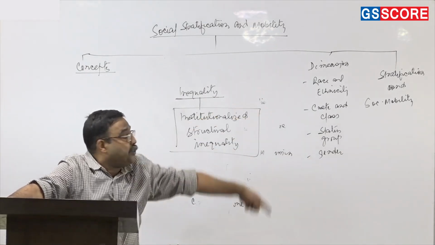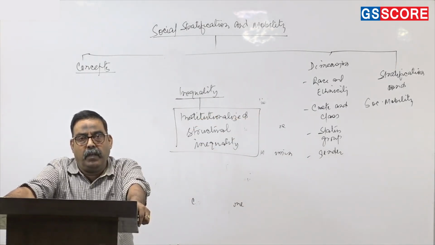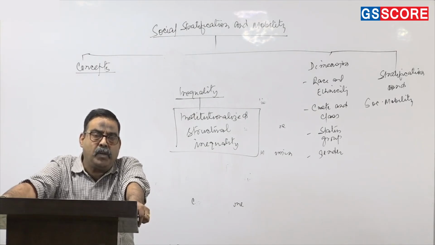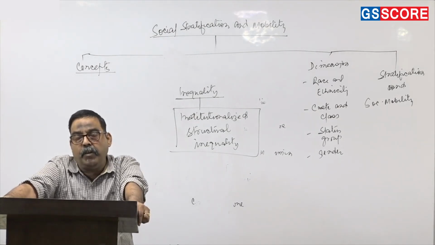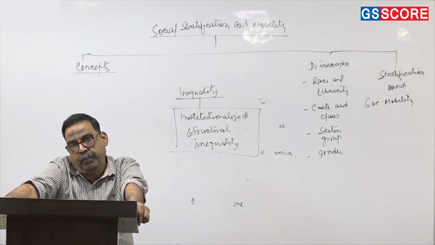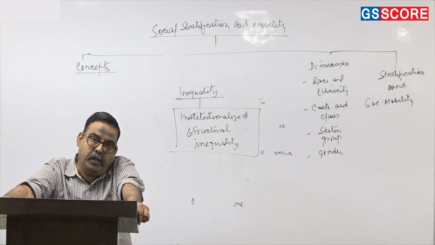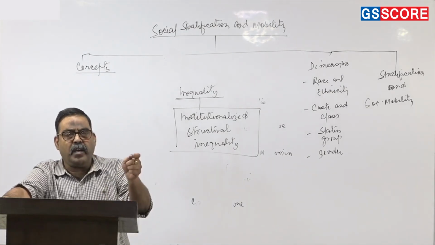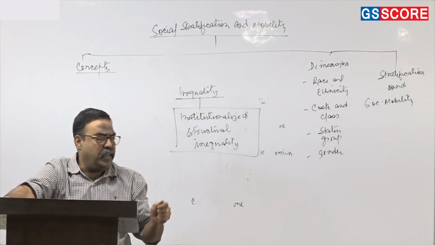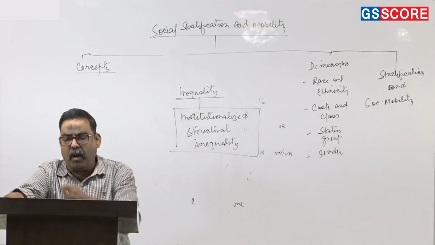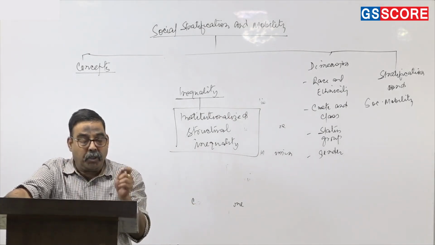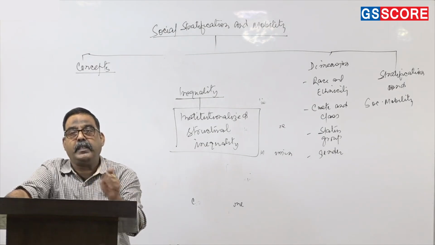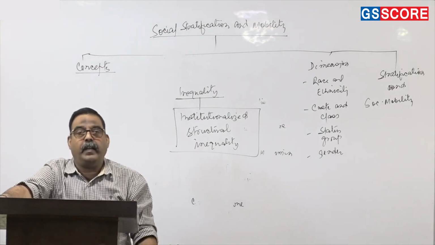Now look at this dimension. When you are developing your concepts in units 5 to 10 and also in the second paper, it should be holistic. It should not be that you talk about equality, then inequality, then poverty, then exclusion. No, try to provide locations to the concepts in your own understanding.